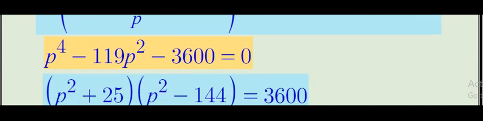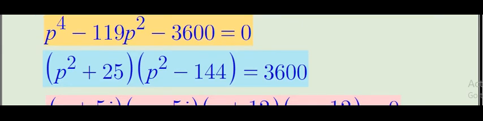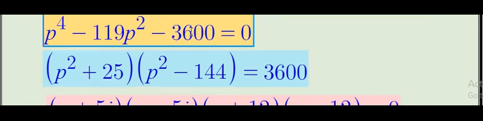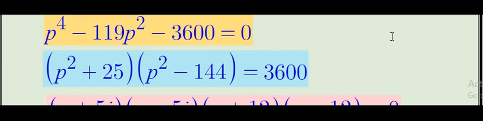So the real trick was just factoring the 3,600 and finding something that summed up to the negative 119. Now, this didn't come to me automatically. Luckily, we've done this problem in another way. We already did it using the polar form.